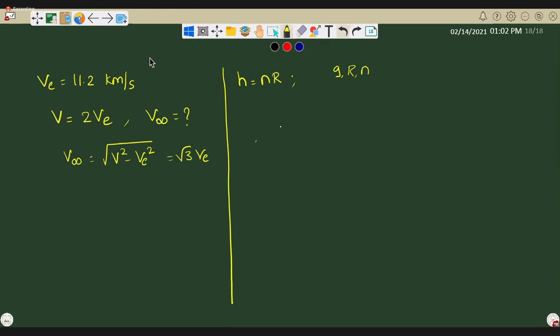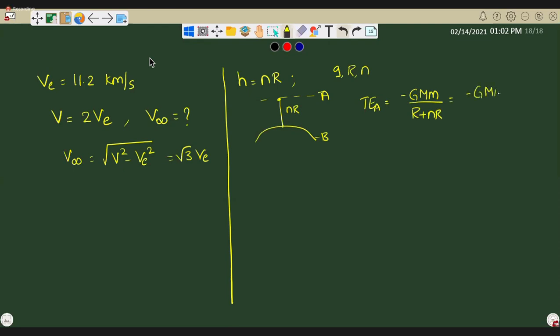See, this is your height, which is equal to nR, right? Let this be A, let this be B. What is your total energy at A? Potential energy, minus G m divided by R plus nR, isn't it?